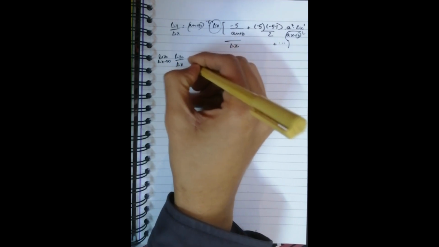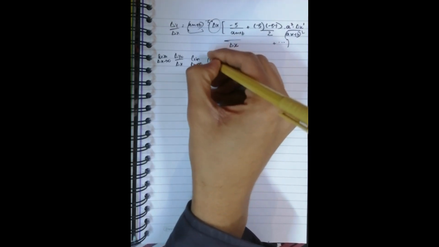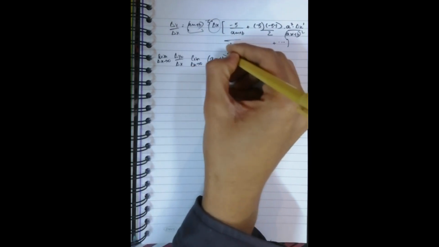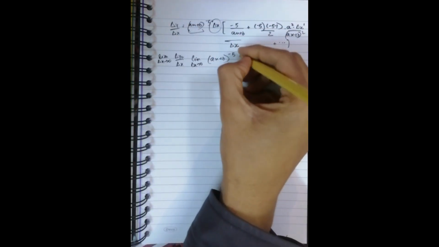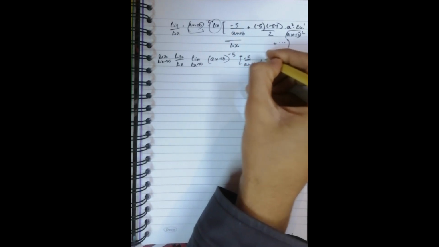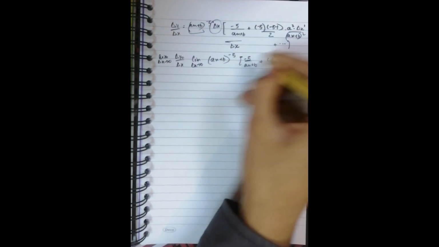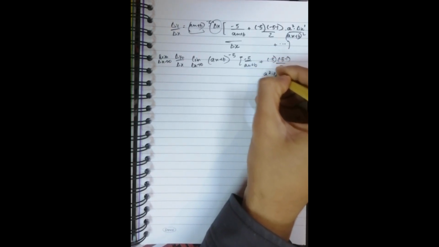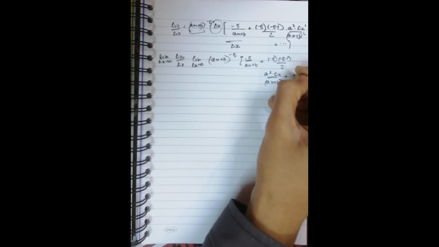Limit delta x approaches 0. Don't mess with this term throughout the question, because this term has nothing to do with the binomial expression. It was just necessary to take out common. Minus 5 divided by ax + b, plus minus 5 minus 1 divided by 2 a squared·delta x (ax + b) power 2.